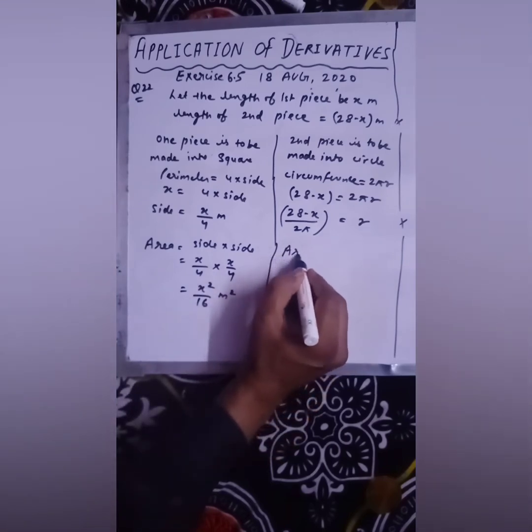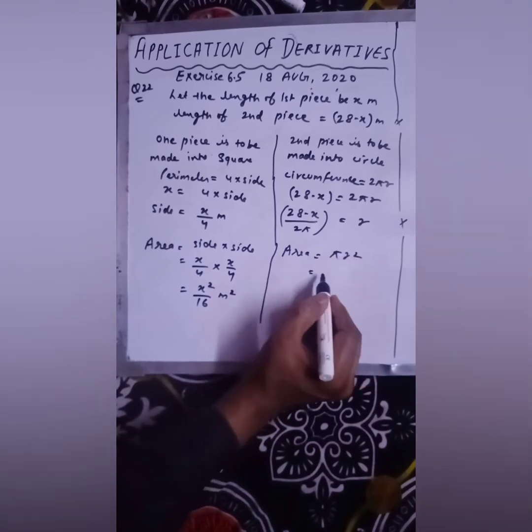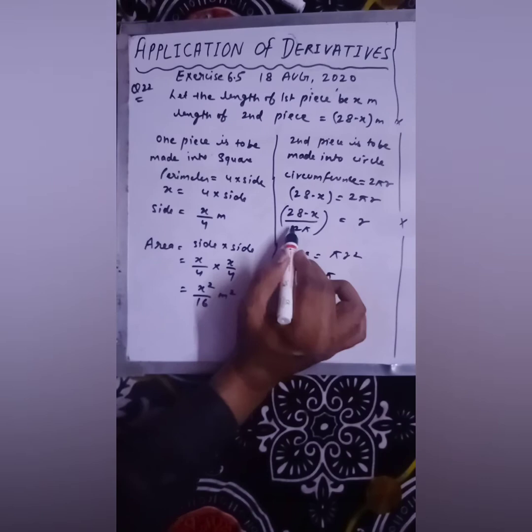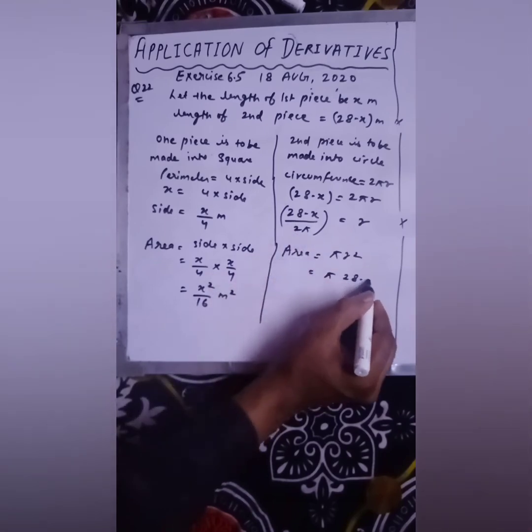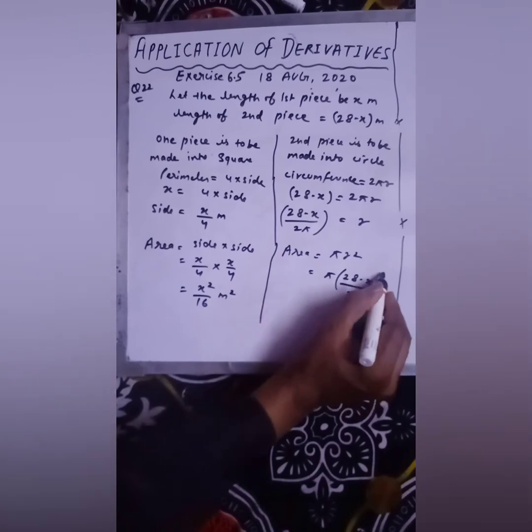Similarly, the area of a circle is pi r square. Pi will remain the same, and your value of r is 28 minus x over 2 pi, whole square.